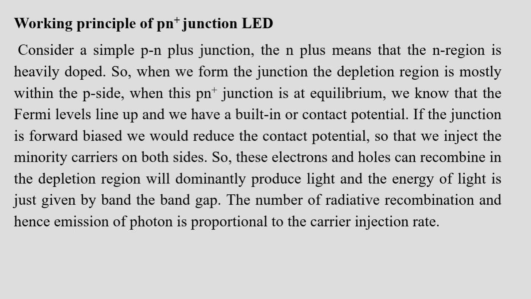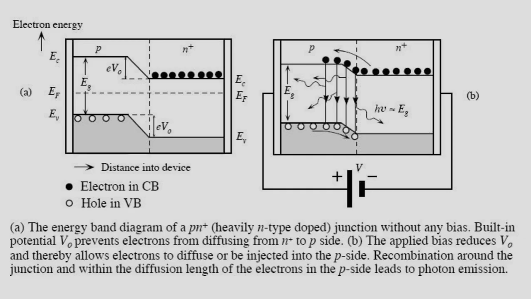Now, consider this is the band diagram. Here you call it EV, which means the energy state of the valence band, and EC, the energy state of the conduction band, and here there is a Fermi level.